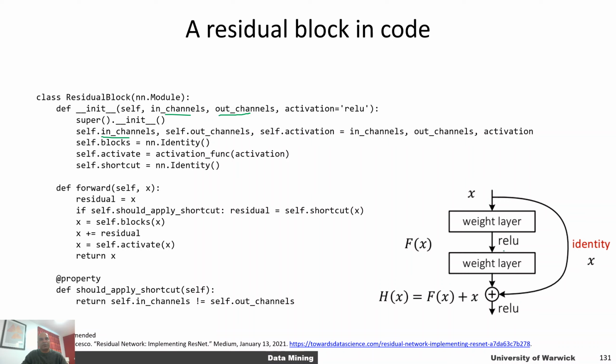You apply an activation function on top of that, you pass it through another layer, and then you add your residual. So this is learning the residual, which we call f of x, and we add it to x. This is where the skip connection actually takes place in terms of the coding.